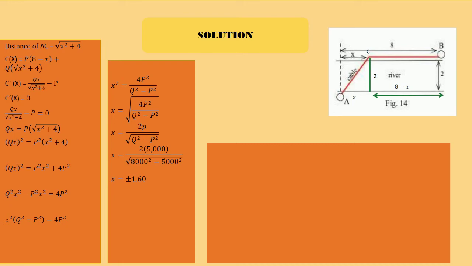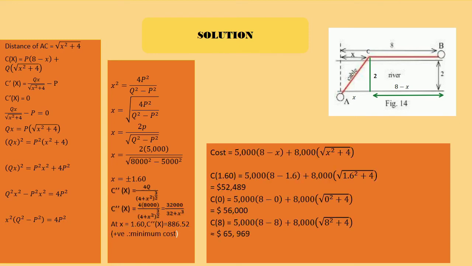The value given is P is $5,000 and Q is $8,000. We need to put the values inside the equation so that we can get the value of x. After we calculate all this, we get x equal to plus or minus 1.6.